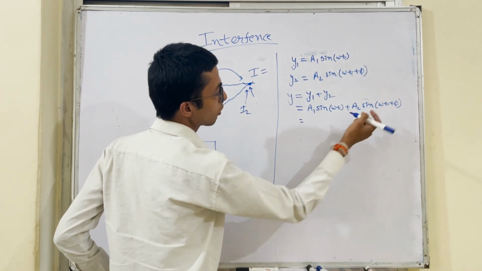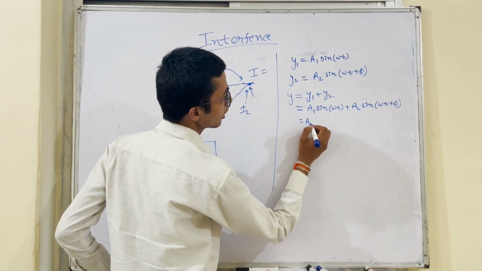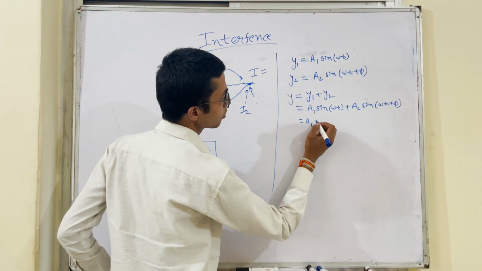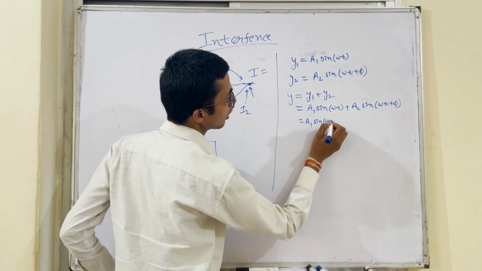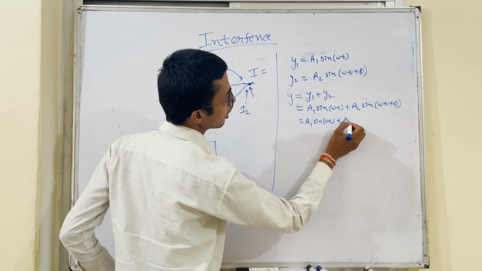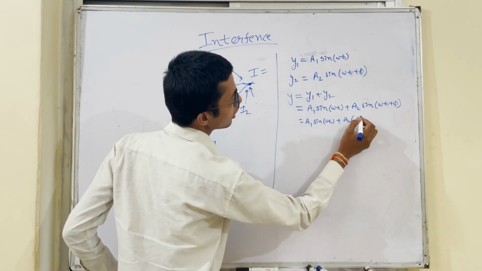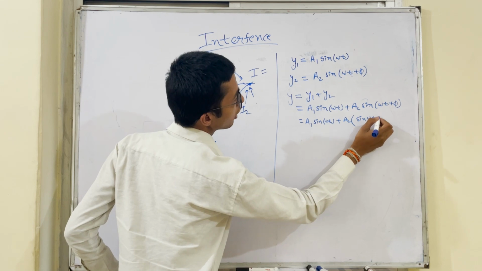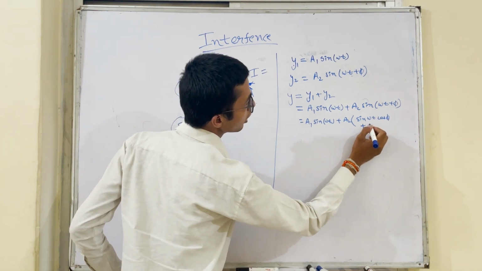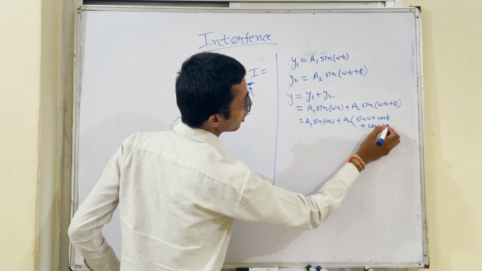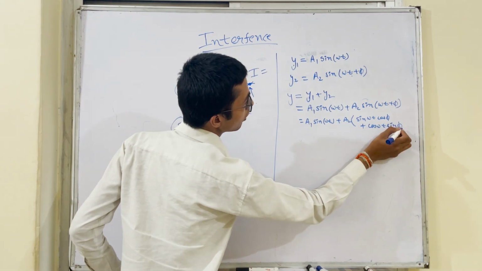If I open this by the sin A plus B formula, it comes as a1 sin omega t plus a2 sin omega t cos phi plus cos omega t sin phi.